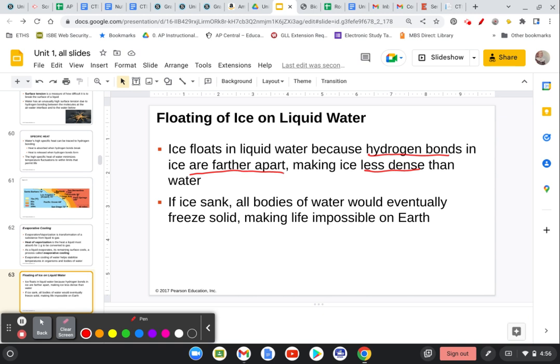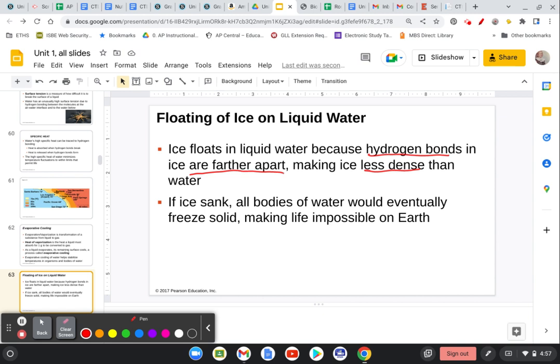Okay? So in a pond, ice, because it's less dense, floats to the top of the pond. And that's really important if you happen to be a fish. Because if you were a fish in a pond where it froze solid from bottom to top, then you would be a fish sickle.